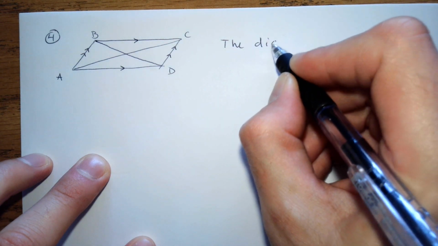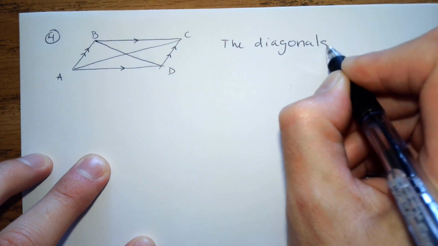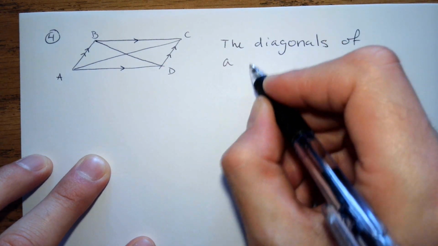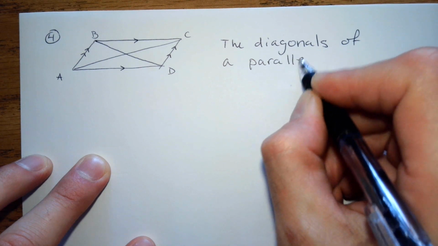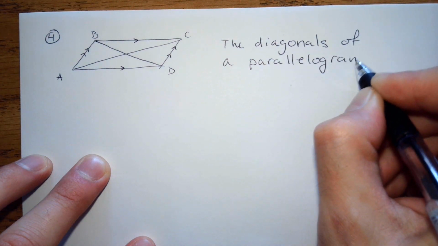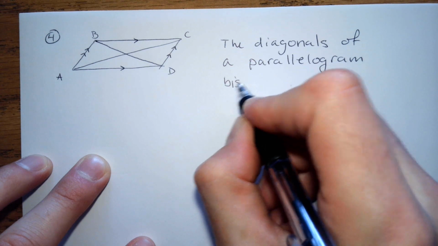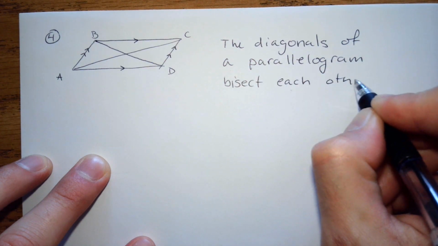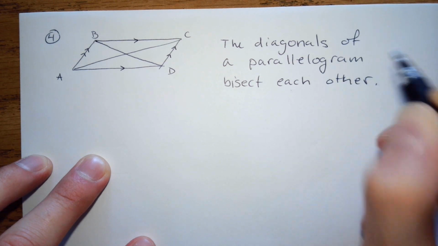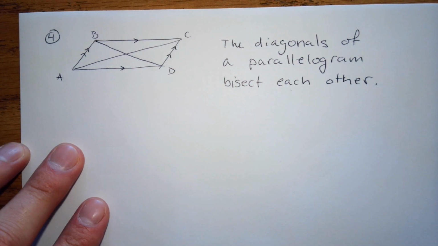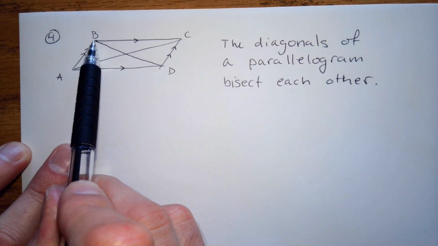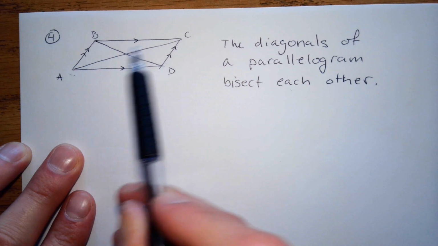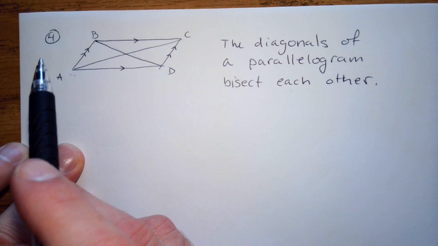The diagonals of a parallelogram bisect each other. The diagonals aren't necessarily congruent. Maybe you can tell, but this diagonal BD is shorter than AC, so the diagonals aren't congruent.